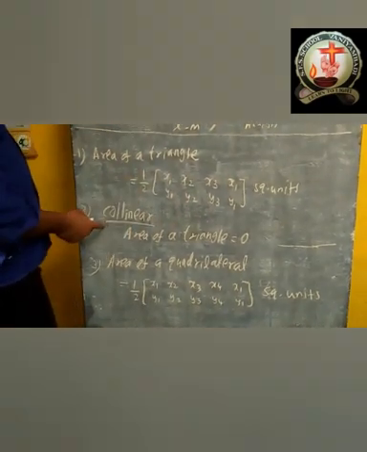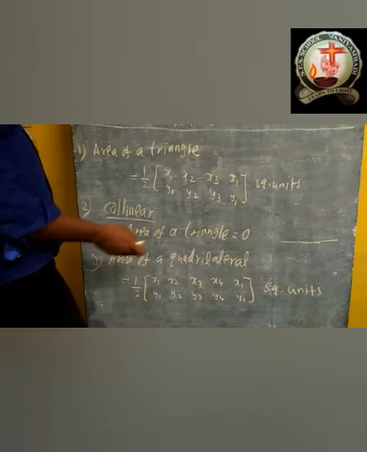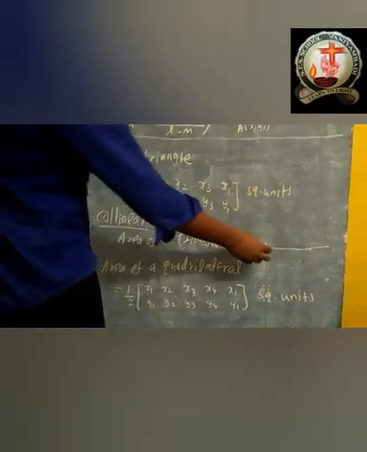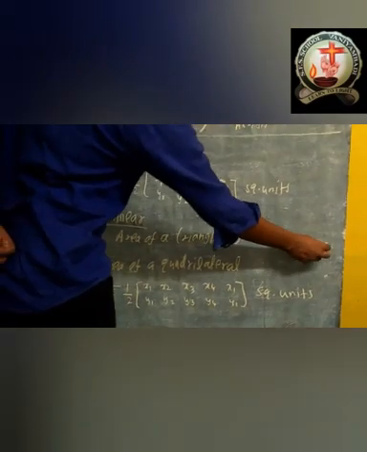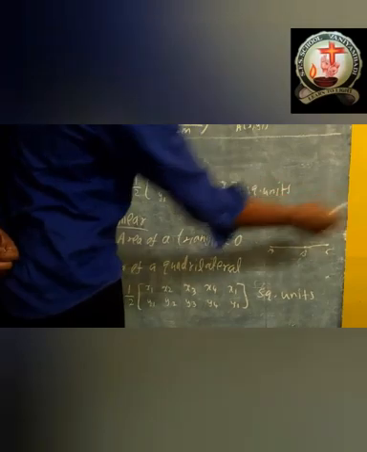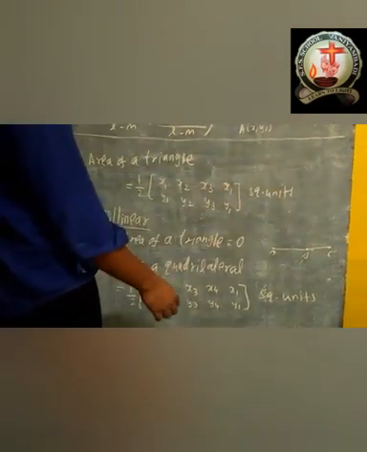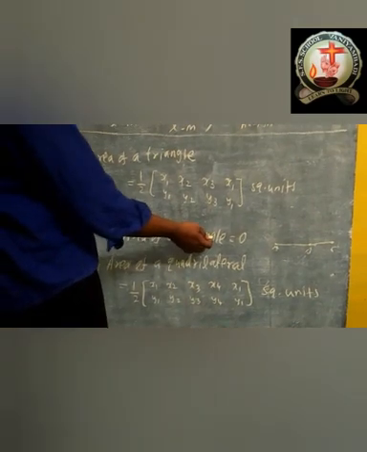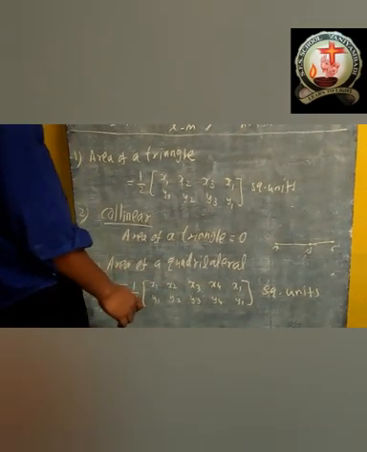Okay. Next, collinear. Collinear means, we know, points on a straight line. For example, here one point, here one point, here one point: A point, B point, C point. All 3 points in the same straight line, we can say it is collinear. The area of the triangle value is 0. Why are you writing the area of the triangle value as 0?